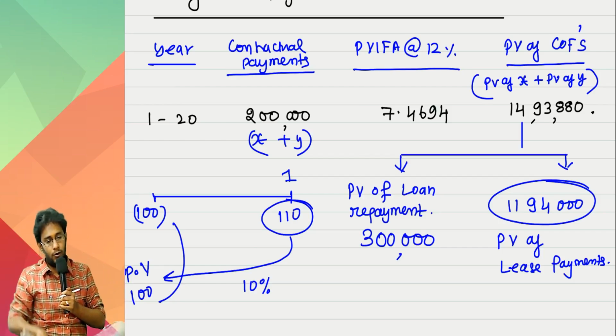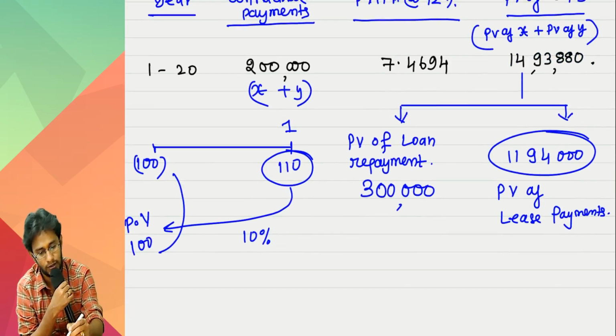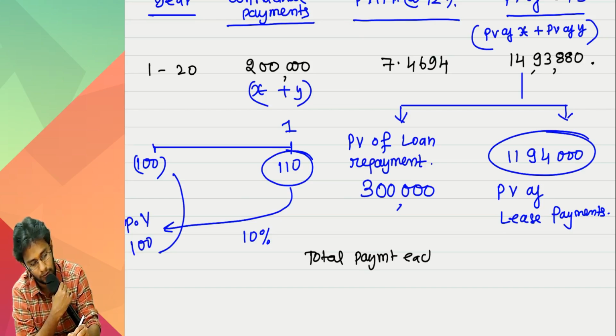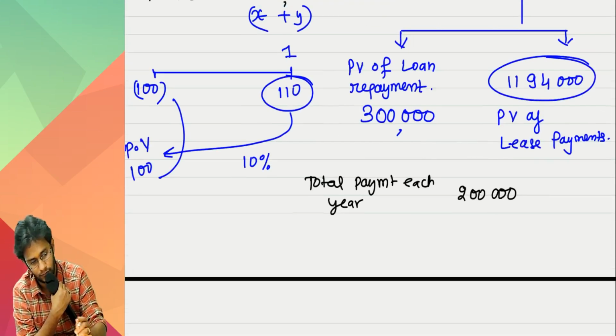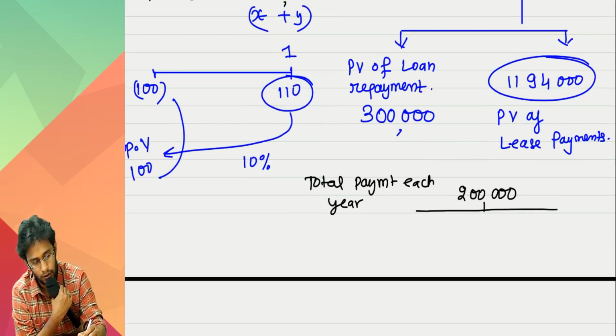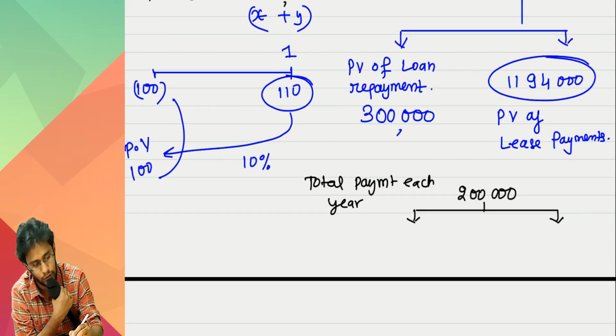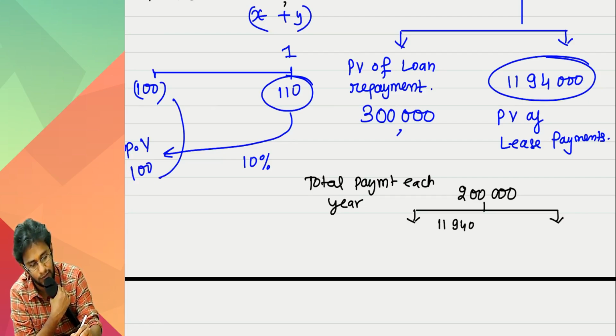So the utility now is, whatever 2 lakh rupees you pay as total payment each year should be split in the ratio of 11,94,000 to 3 lakhs.